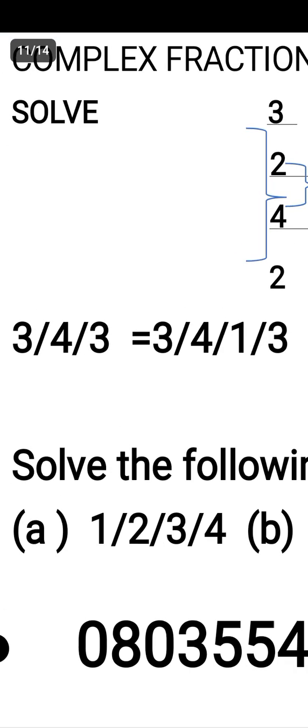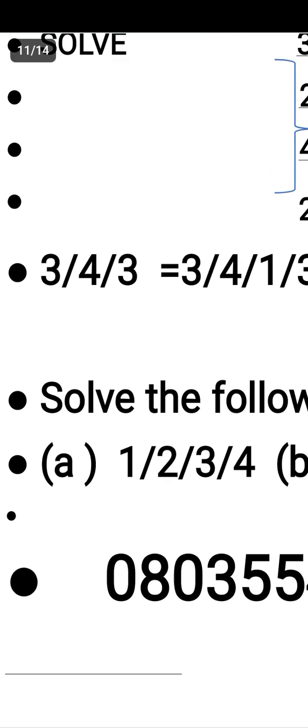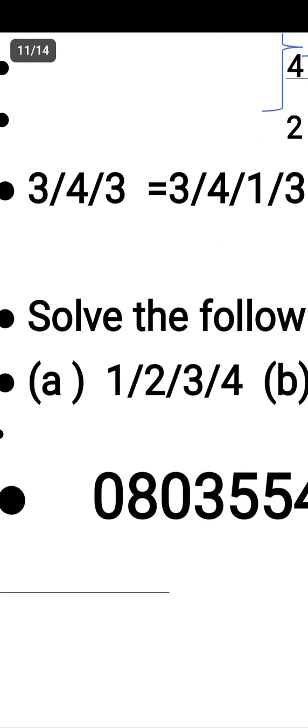Now, let us look at this one. In this example, you say 3/4 over 3. Yes, it is the same method. Immediately something is 3/4 over another thing, this last 3, the 3 at the bottom, becomes 1/3.